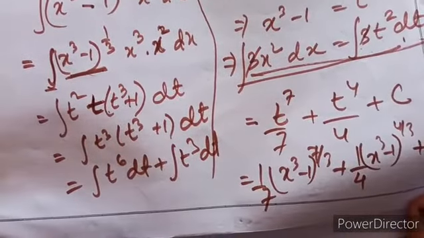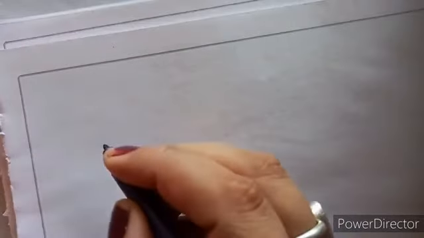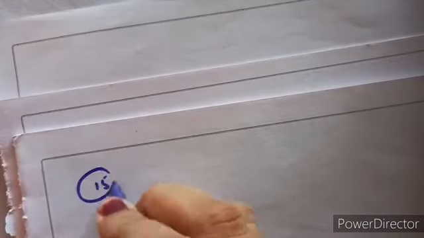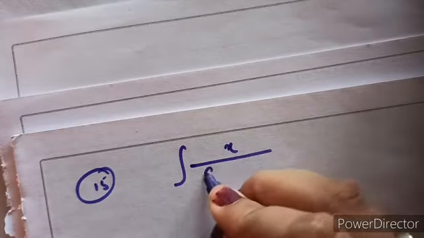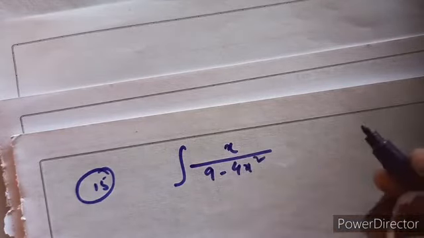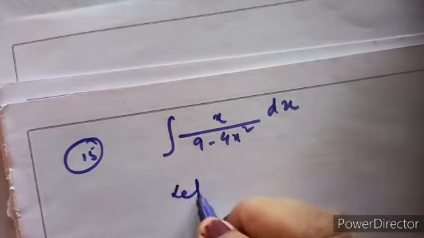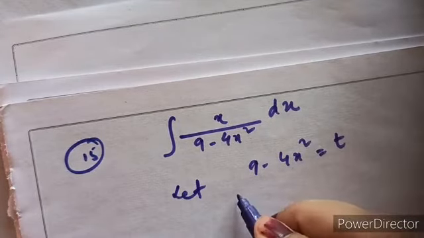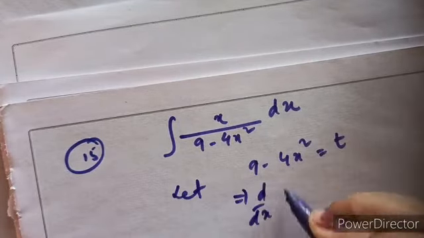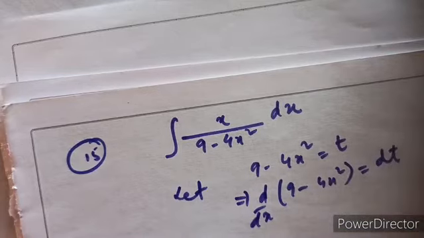So this is known as the substitution method. Okay, next is question number 15. That is integration x divided by 9 minus 4x square dx. Okay, so let 9 minus 4x square equal to t. So if you use d by dx here, this will be dt.